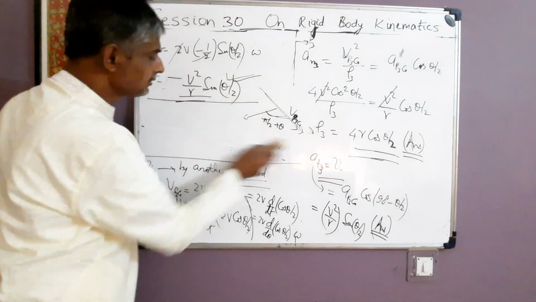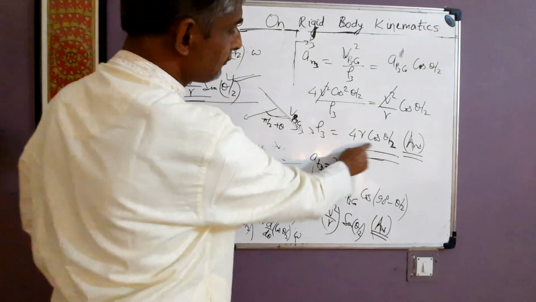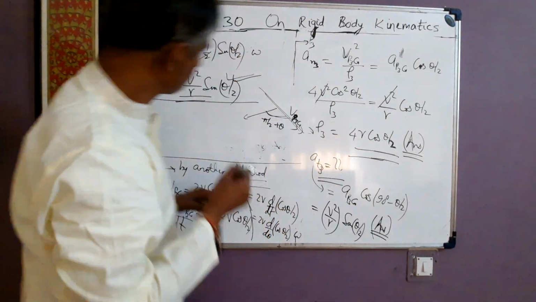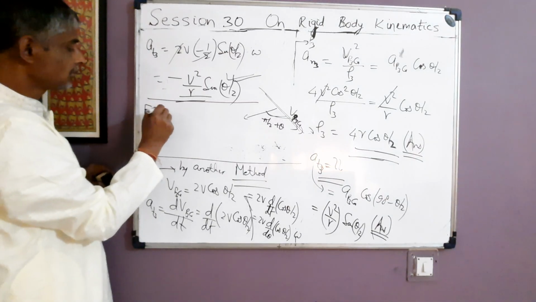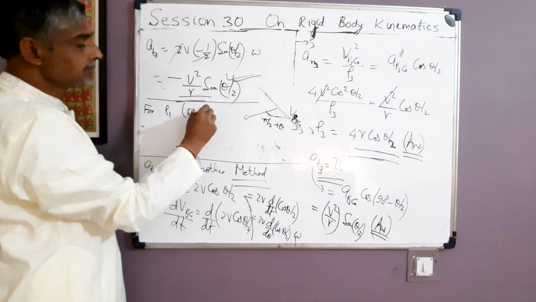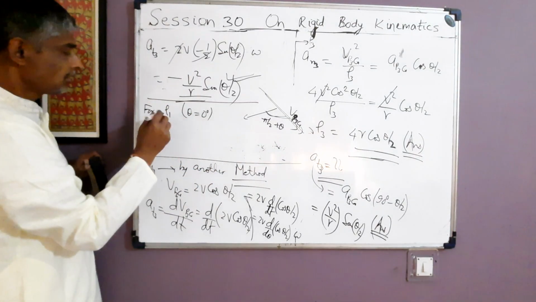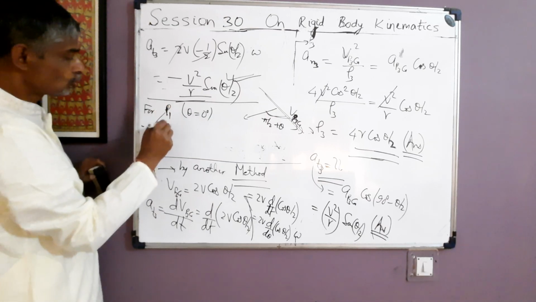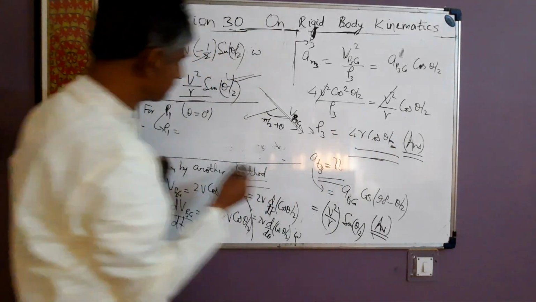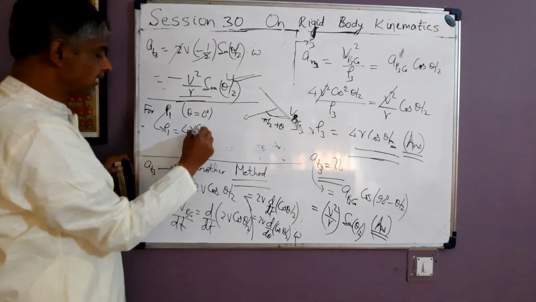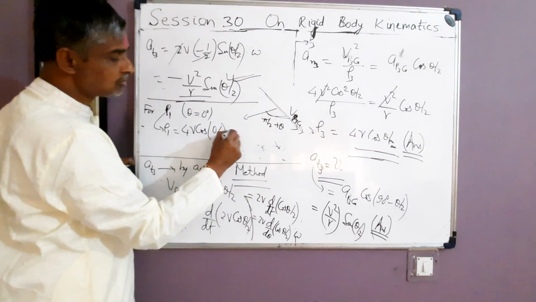One last point I'll say. See, if you use this result to determine rho 1 and rho 2, for P1, theta is 0 degree. So rho 1 is how much? 4r cos 0 by 2. Cos 0 by 2 is cos 0, that is 1.